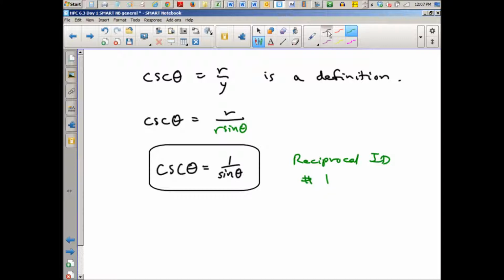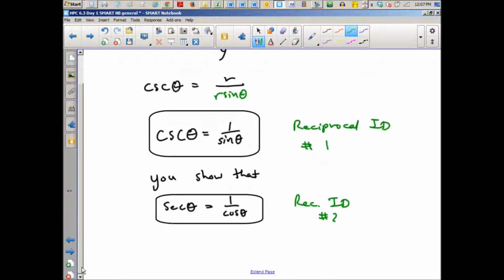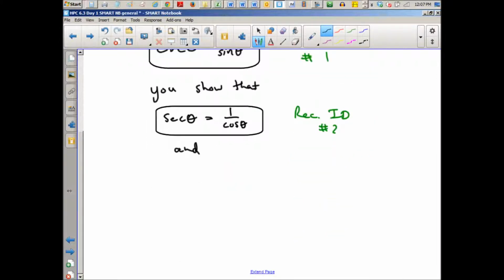I will leave it to you to show that secant theta is 1 over cosine theta. That's basically reciprocal identity number 2. And what do you suppose the third one is?